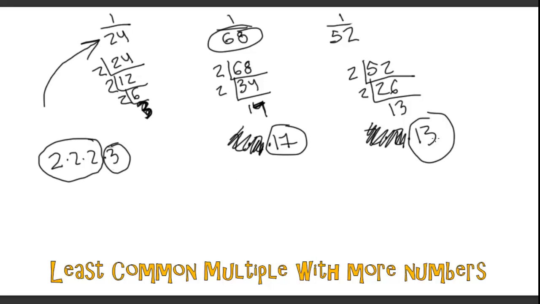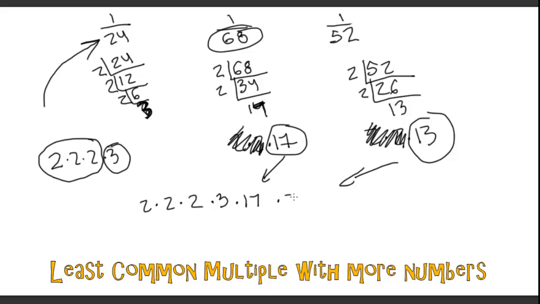And what we're going to do is create an equation that will give us our least common multiple, our common denominator for these 3 fractions, 1/24th, 1/68th, and 1/52nd. So 2 times 2 times 2 times 3 times 17 times 13.